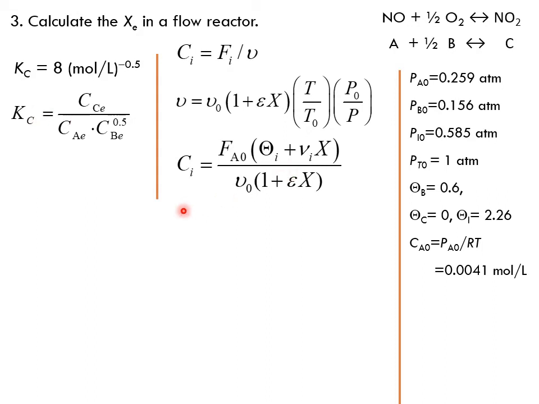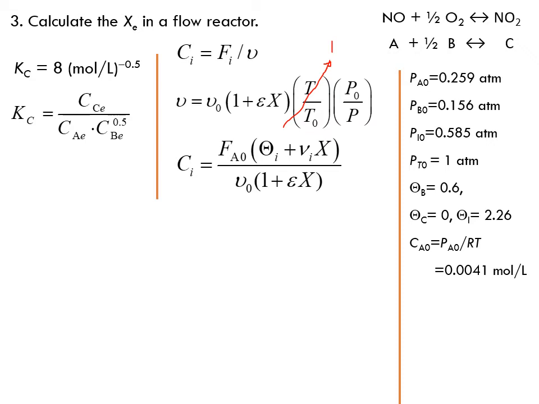Now we have the concentration Ci equals Fi, which equals Fa naught times theta i plus nu i times x, divided by epsilon. And we said epsilon equals epsilon naught times these three correction factors. Of course, the total number of moles is changing, so this remains. The temperature is constant in this case because we have an isothermal operation, so this goes to 1. And let's look at the pressure.